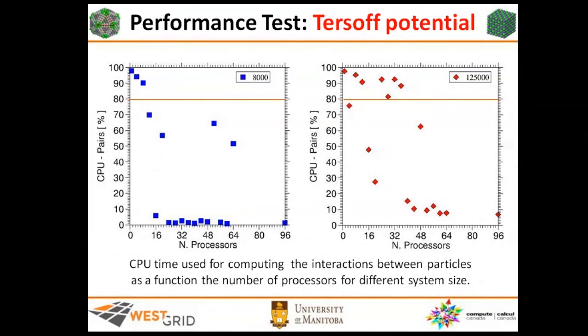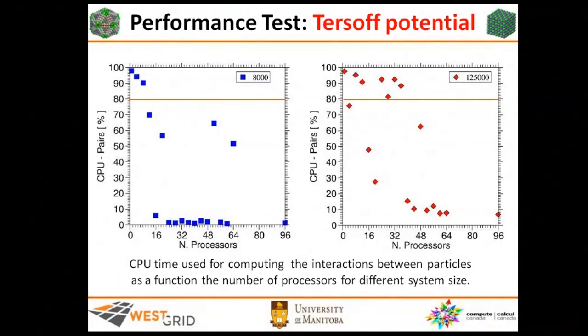But if I add more CPUs, the efficiency of the system is very low, because when you increase the number of cores, you automatically increase the communication between the cores.